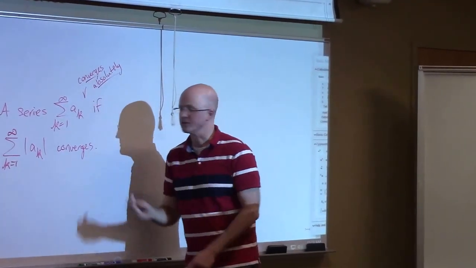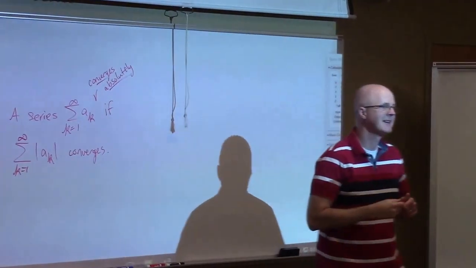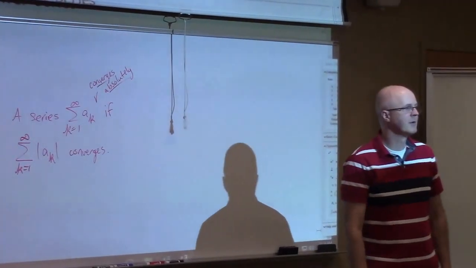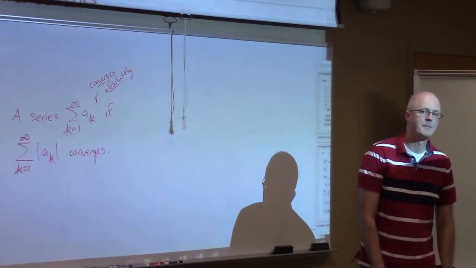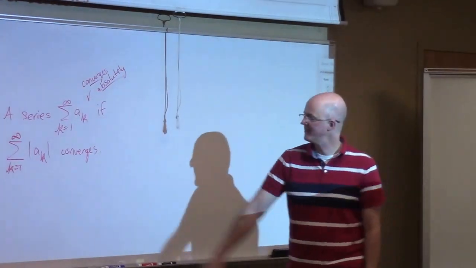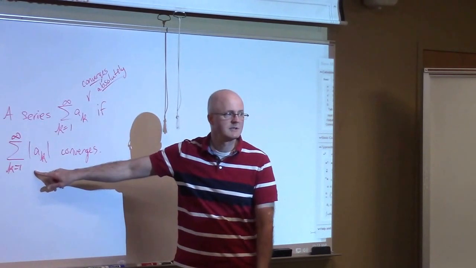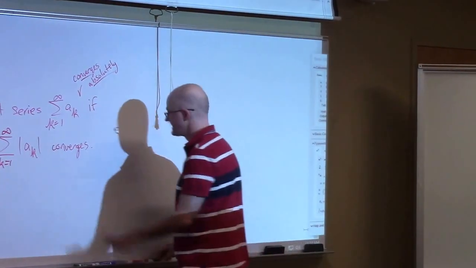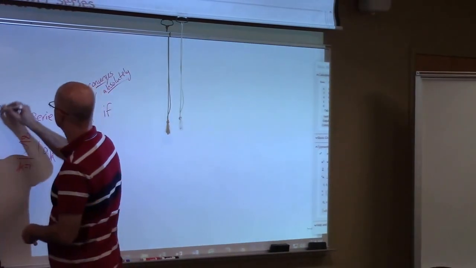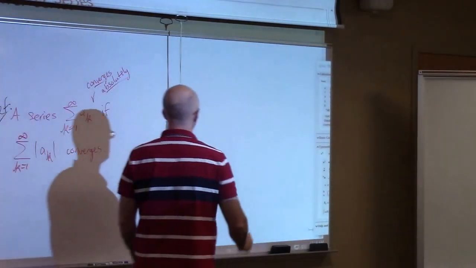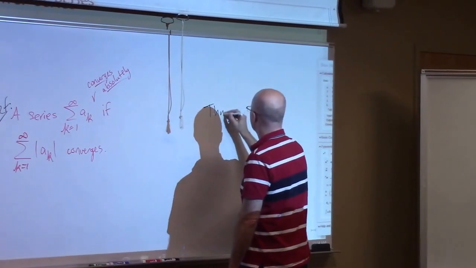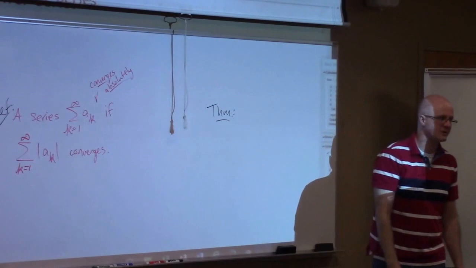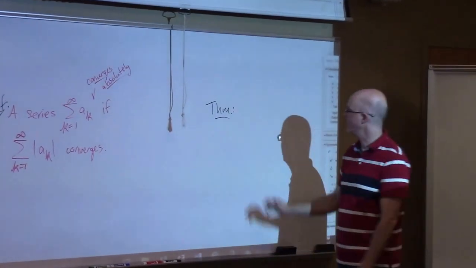If this series converges, which actually begs a question, there's a theorem that really should be proved before you define this. And that theorem is that if such a series converges, then the original series will converge. That's a theorem. This is a definition. I really should have given the theorem first. Absolutely convergent series are convergent, is the point that I'm trying to make.